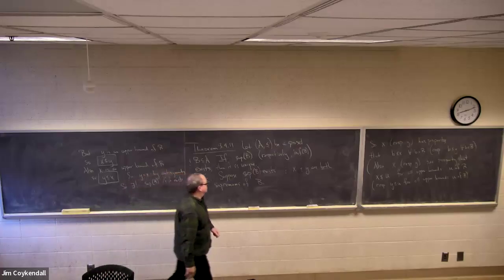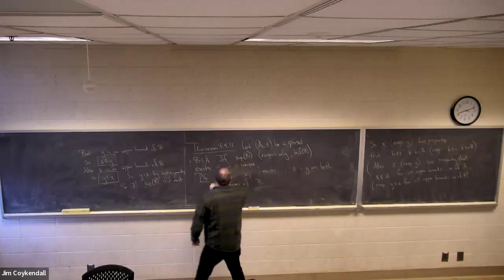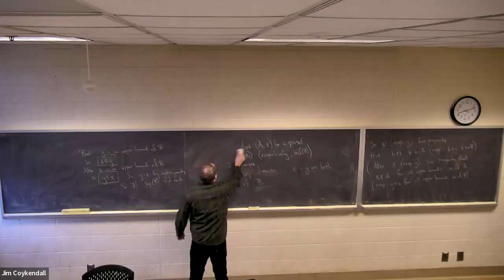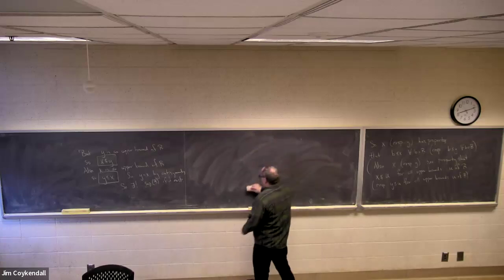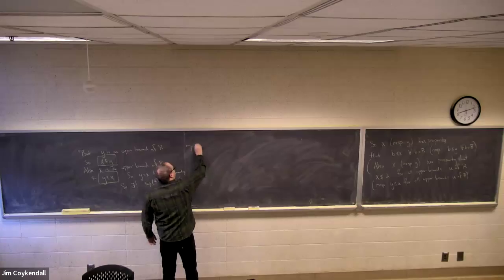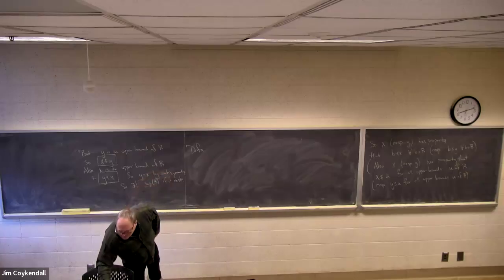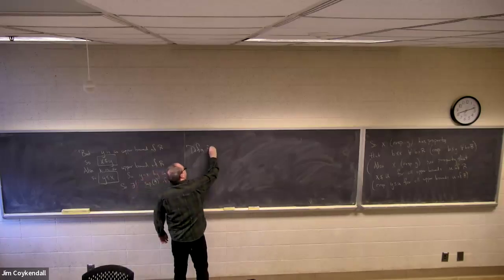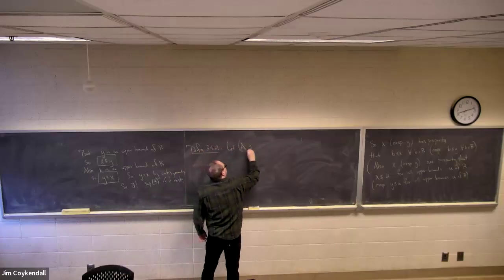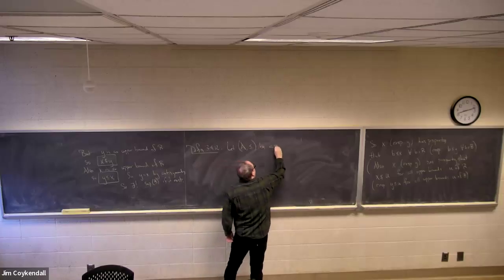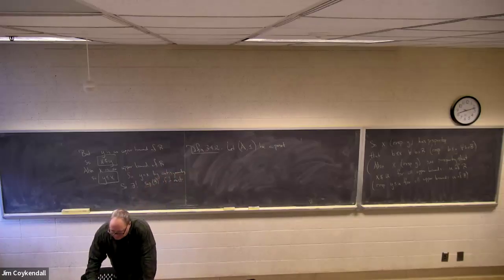Definition. And I think we saw some examples like this last time. So let me make this concrete here. Definition 3.4.12. Let A be a poset and B be a subset.